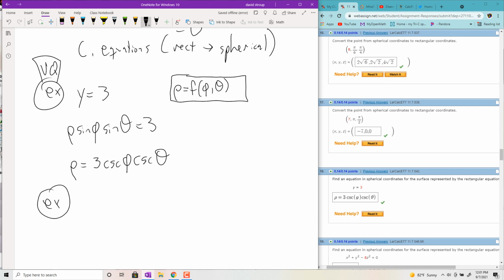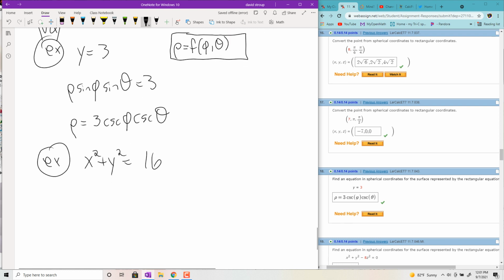So here we got x squared plus y squared equals 16. And we can replace x and y with rho sine phi cosine theta and rho sine phi sine theta. So for x, it's going to be rho squared sine squared phi cosine squared theta, plus y will be rho squared sine squared phi sine squared theta, and then equals 16.